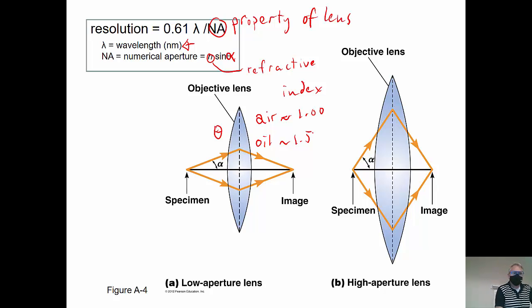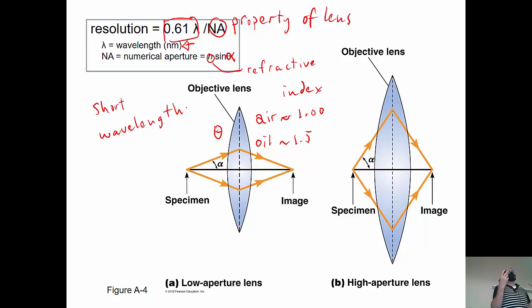What we want for this value of resolution is we want the number to be very small. And so we want the numerator to be small, this up here. And so we use a short wavelength of light. The shortest being violet, which we have on the next slide. That's the shortest visible wavelength.